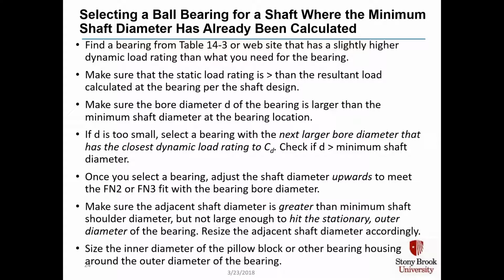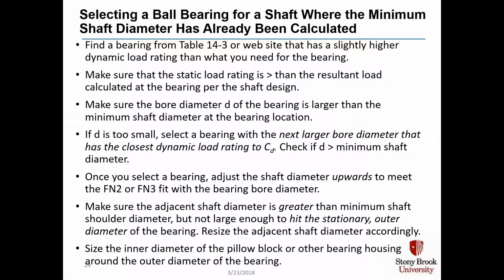This will be slightly greater, maybe 1/1000th to 2/1000ths, but you have to consult the bearing manufacturer's suggestion, or you have to calculate FN2, FN3 on your own and fit it with the bearing bore diameter.